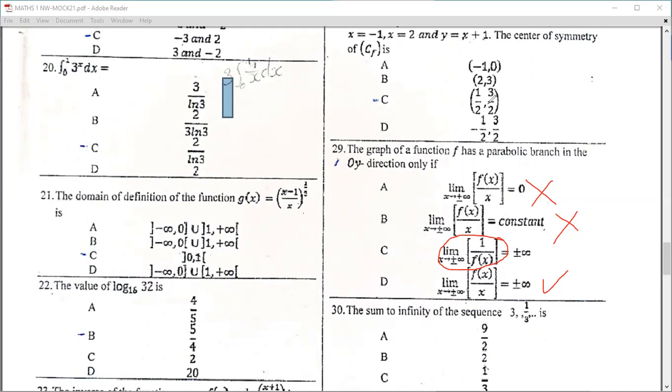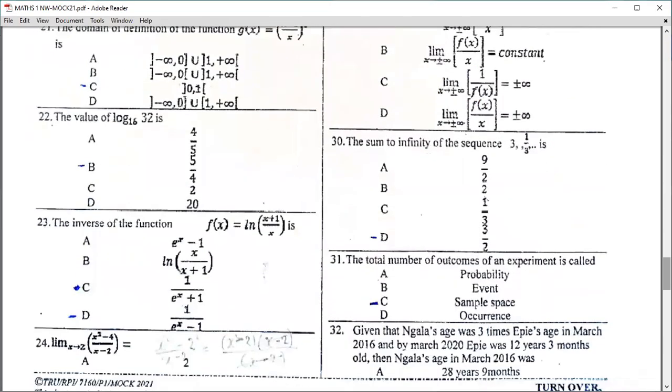Then for question number 30, the sum to infinity of this sequence is given by... it seems as if they have omitted one term, so let us work with what we have. How do you get the sum to infinity?